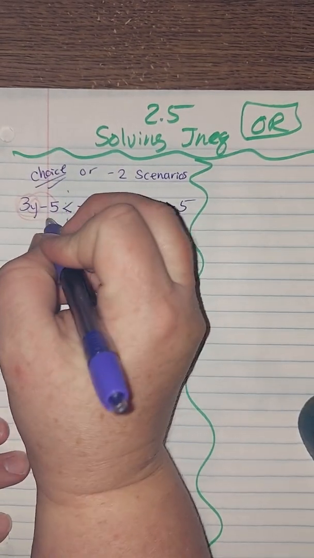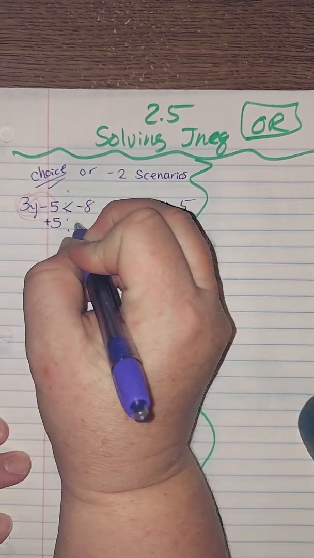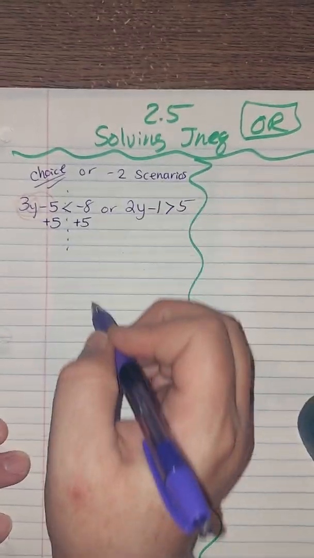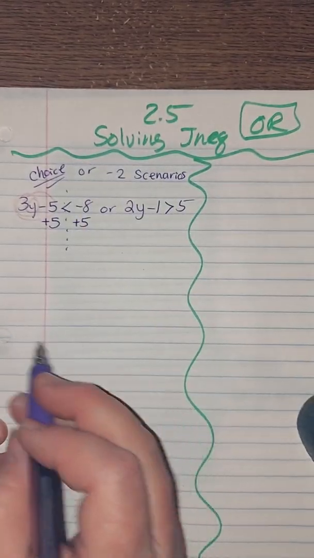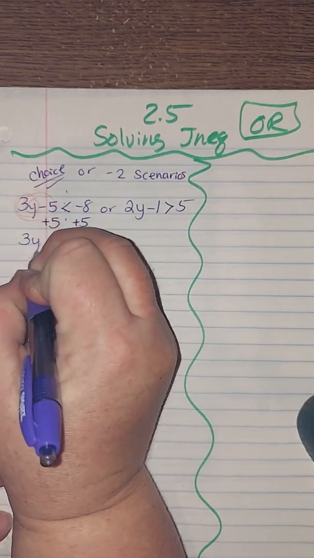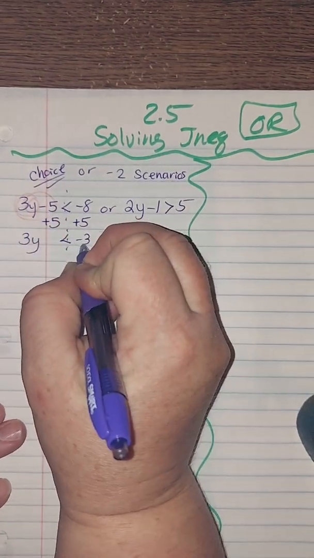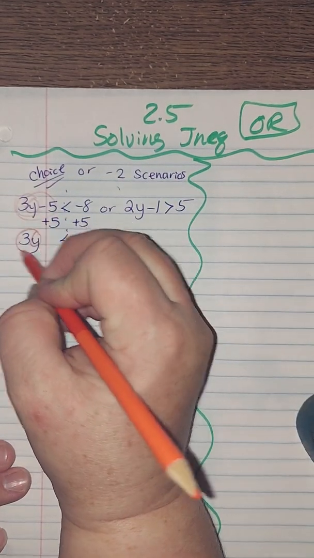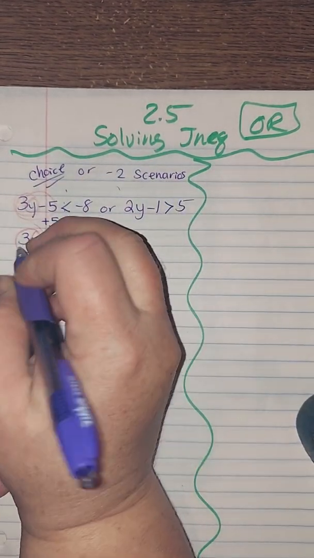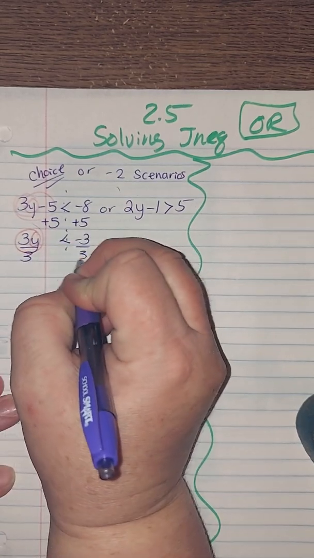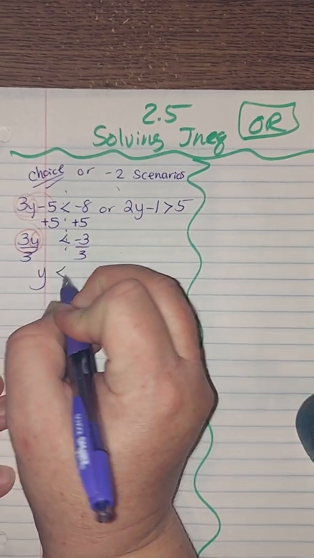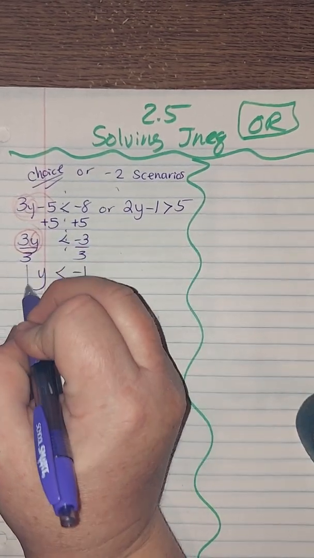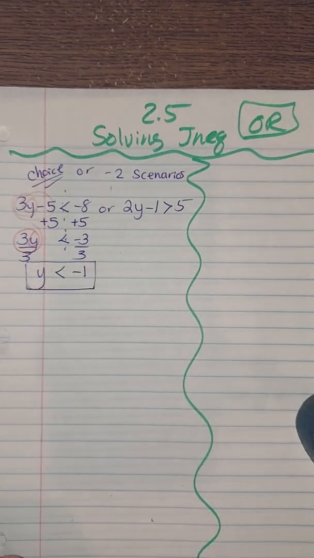The first thing I want to do is add 5 to this side. See, this is a totally separate problem. 3y is less than -3. And I'm still onioning this out. Now I'm going to divide by 3. I didn't divide by a negative, even though this is negative. All right, so here's my first answer. y is less than -1.